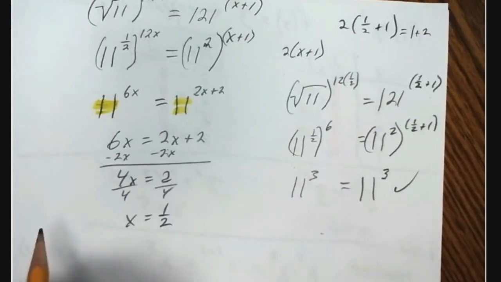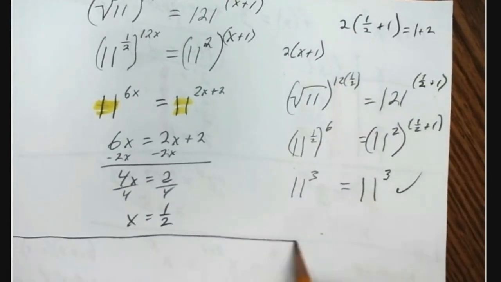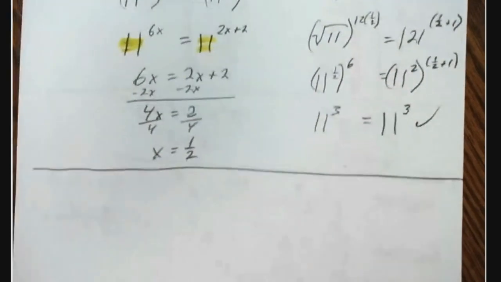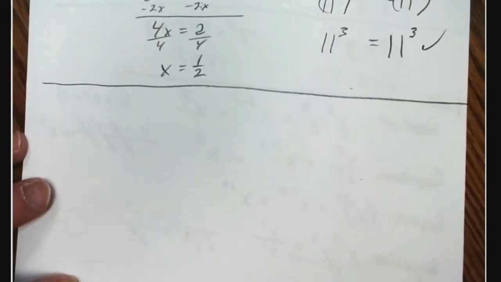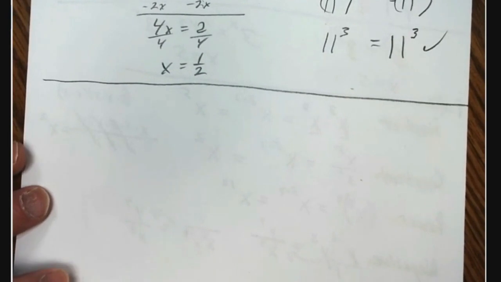So let's talk about real world applications of this, because it is actually used a lot. There's exponential growth. Here's a good example. Let's say you had a very rich uncle that came to you with an offer.